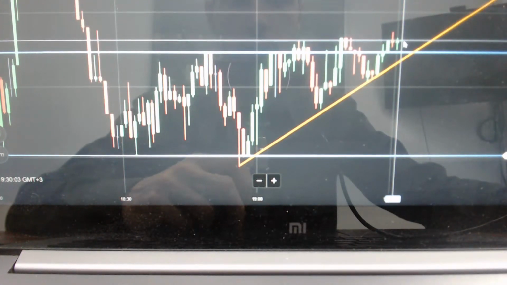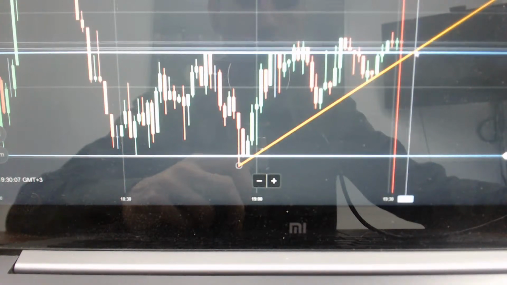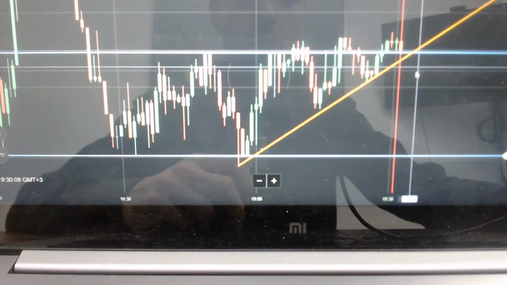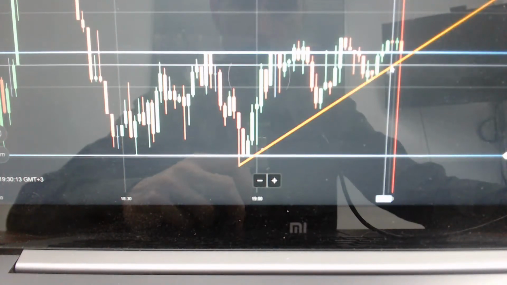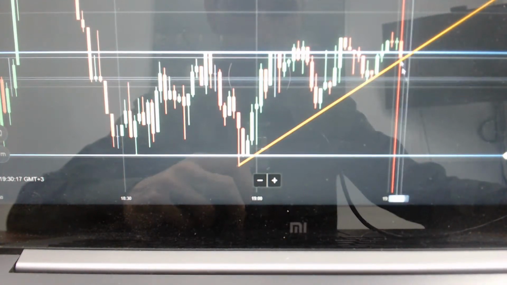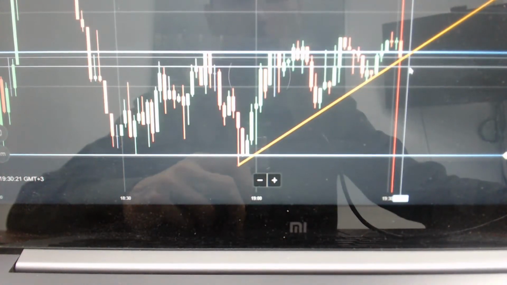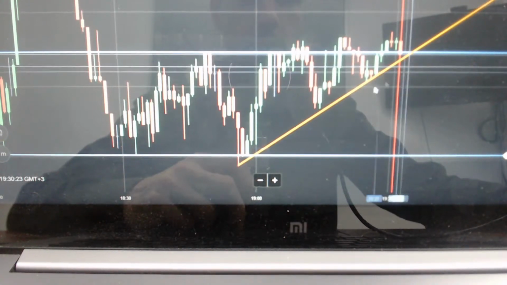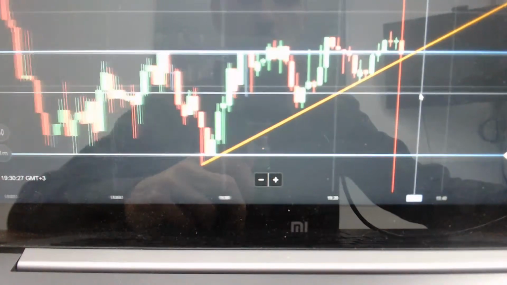The probability that the price will go up from this zone is much higher than the probability that this trend ray will be punctured. Maybe punctured, but not broken through, and not broken down. But I'll tell about it a little bit later.